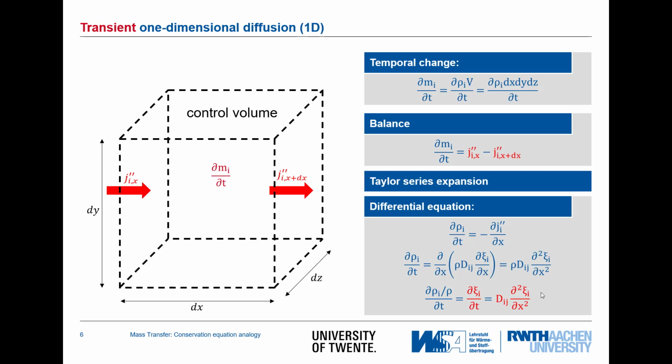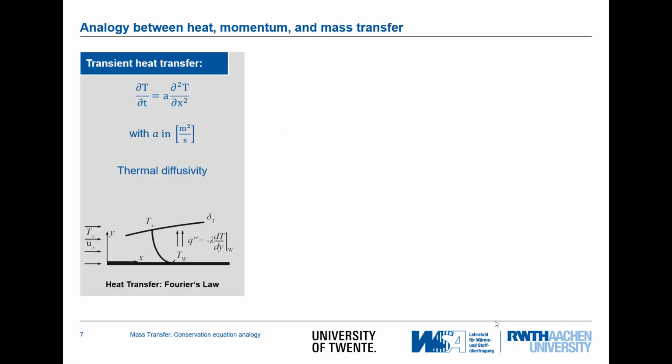Now we see that this equation looks very similar to what we have seen already in heat transfer. We have the temperature change over time is equal to some kind of thermal diffusion coefficient times the second derivative of temperature. And so we can now compare all those equations.